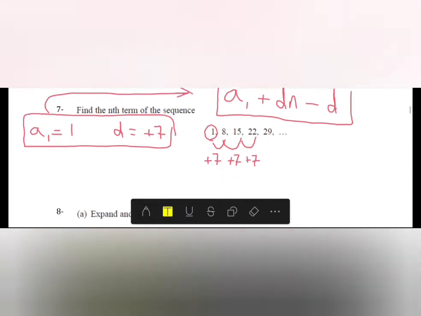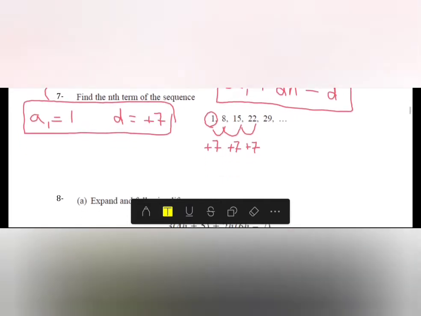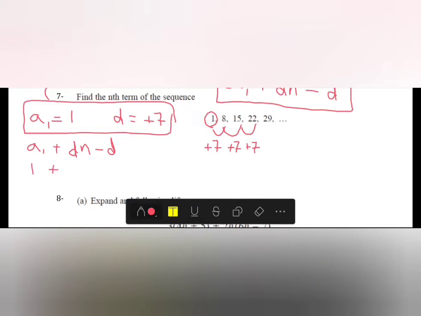Now let's use it down here in this space. Let's write the formula again. So A1 plus dn minus d. We said that A1 is 1, so 1 plus d equals 7, so 7n minus 7.